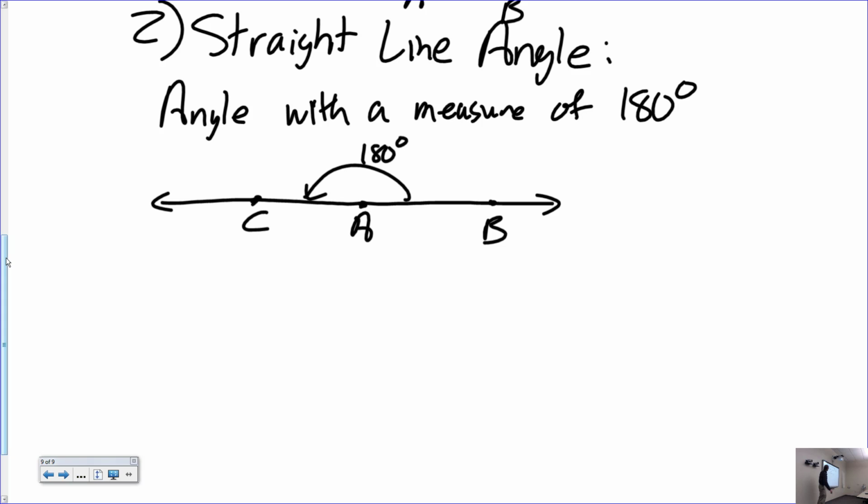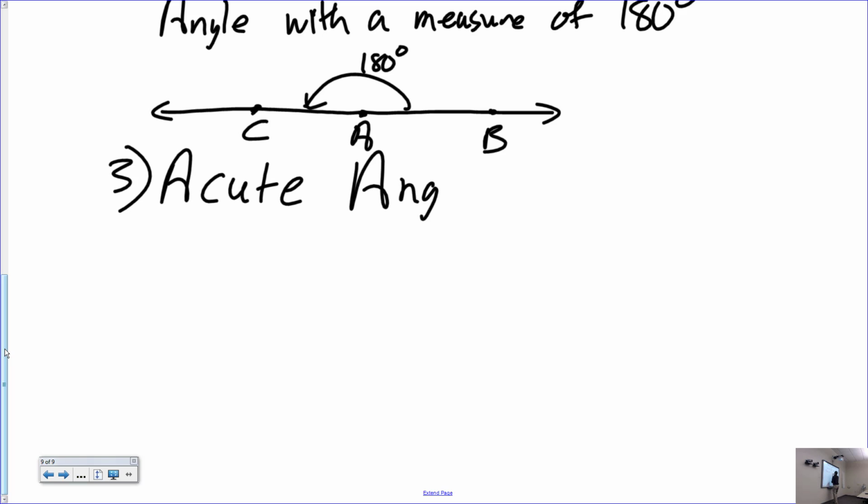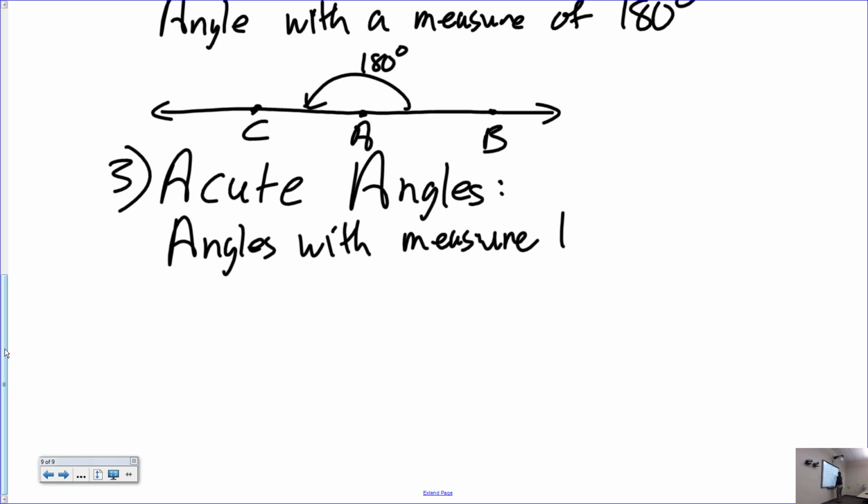Now, Brandon, obtuse. Let's do acute first. What are acute angles? Angles less than 90 degrees. Angles with measure less than 90. Please note, strictly less than 90.